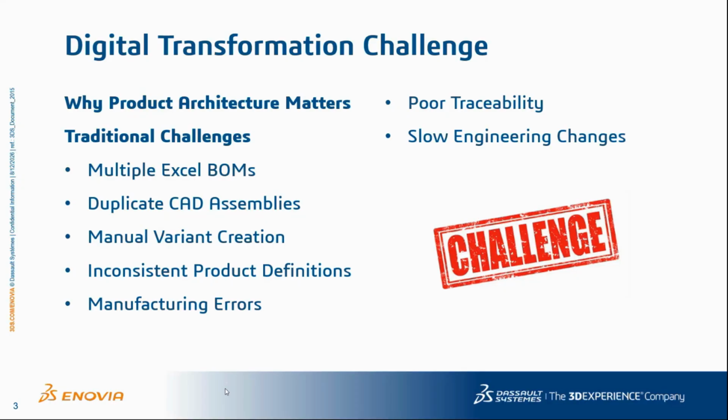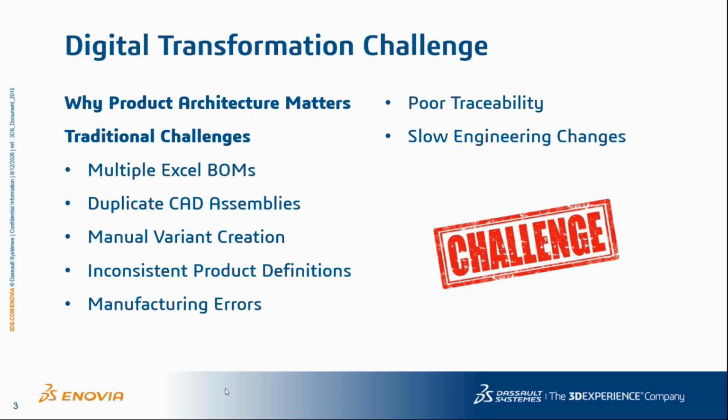As a best practice, we create variants, which we can classify based on material, color, etc. So you create manual variants there. This is one of the major challenges in the digital transformation.